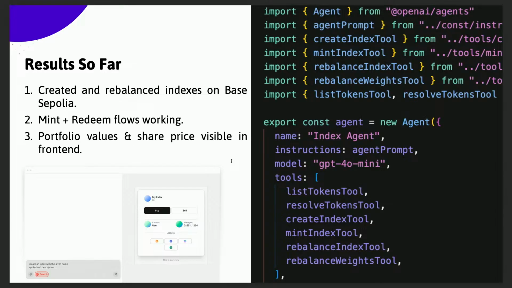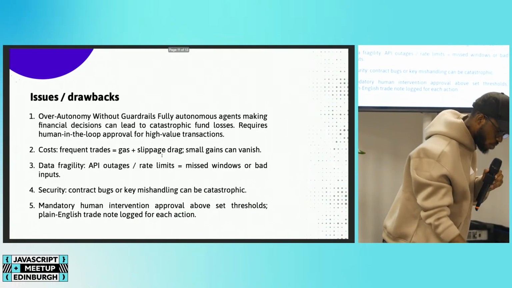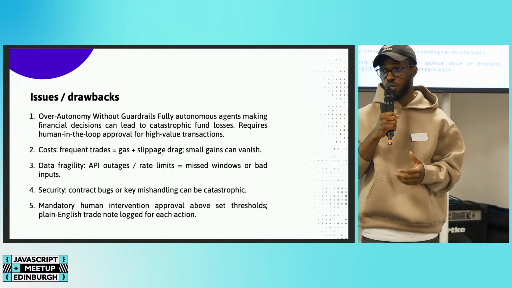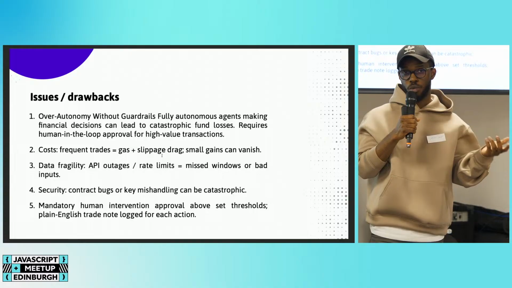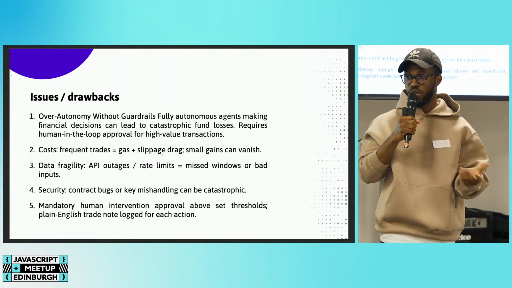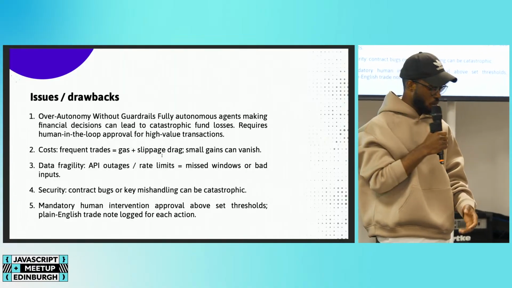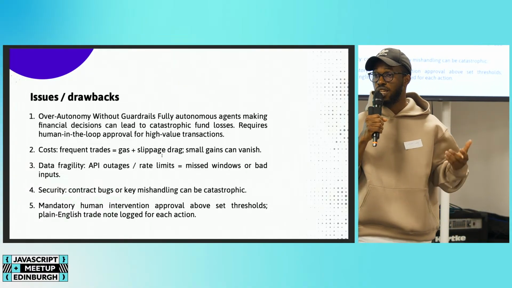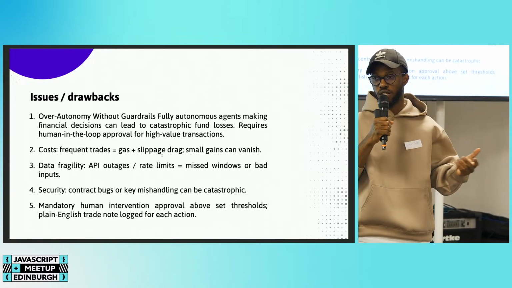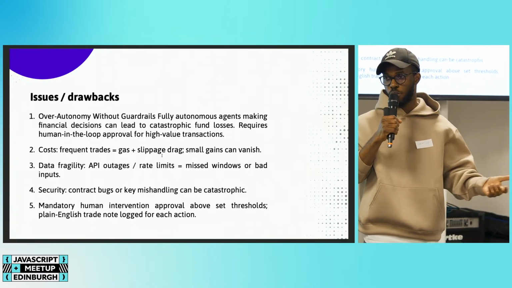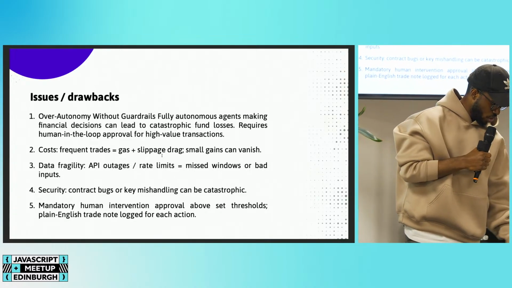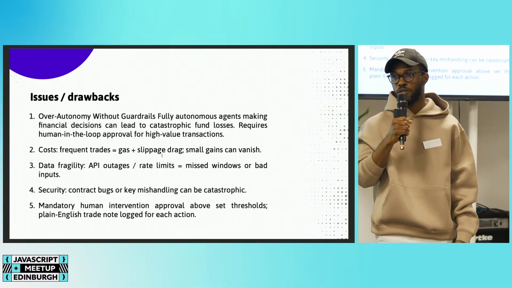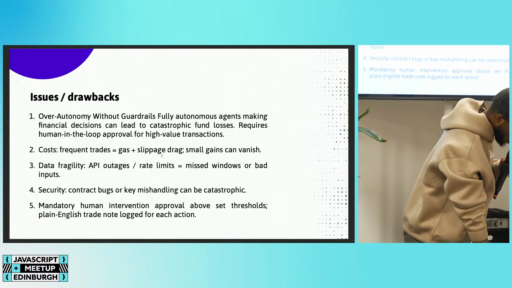And there are still so many other drawbacks as well, like gas fees. If you want to be interacting with real money, you need to put guardrails that track gas fees as well. And also you need to have at least a human in the loop, because you can't leave these agents running transactions on the blockchain without any human interaction. And security, contract hacks, and some of those things are very, very crucial.